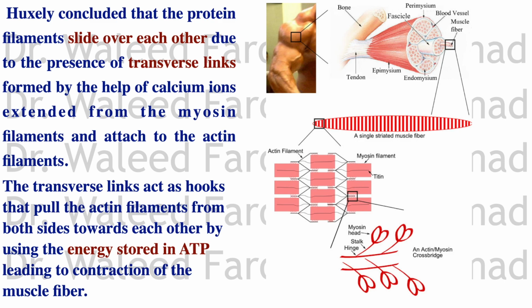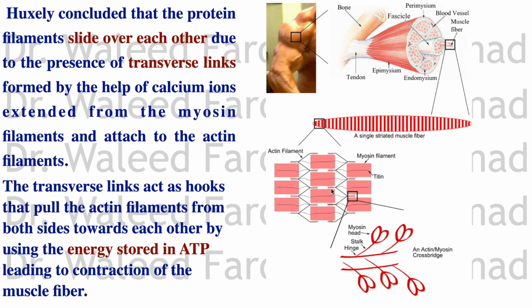Huxley concluded that protein filaments slide over each other. They overlap with each other. They slide over each other due to the presence of transverse links. You see these links? They are like the oars of a boat. These links connect between the myosin and the actin, and when the muscle is stimulated these links move and pull the actin towards them, so the filaments overlap with each other. Okay? It pulls the actin towards, in opposite directions.